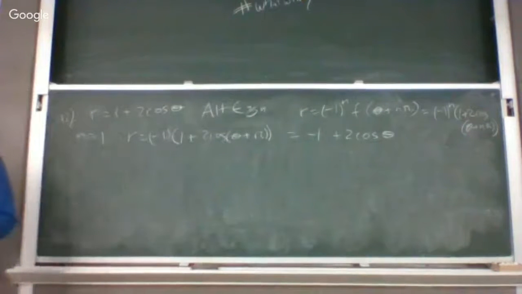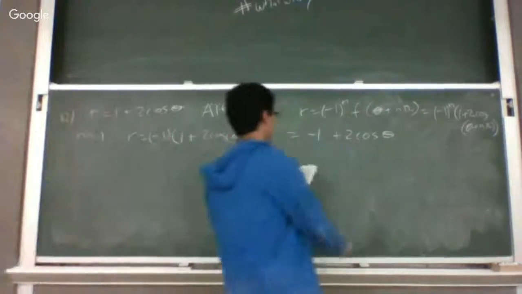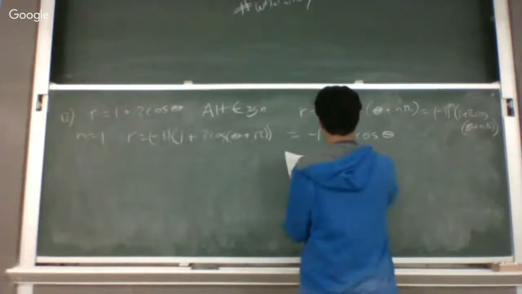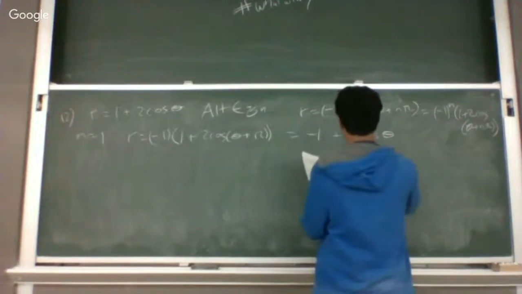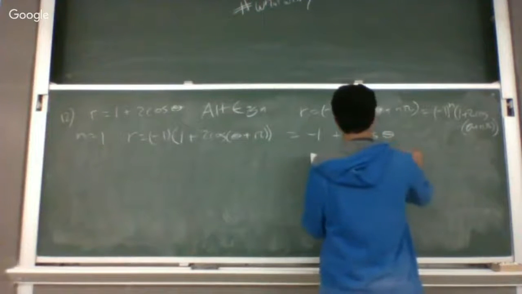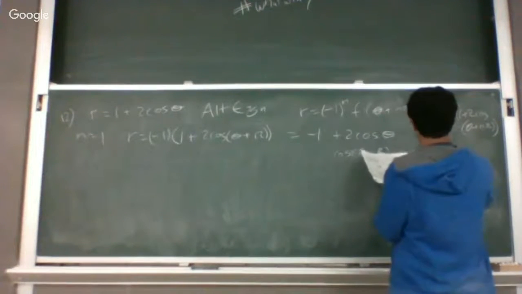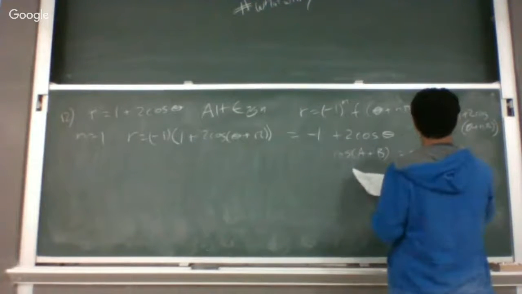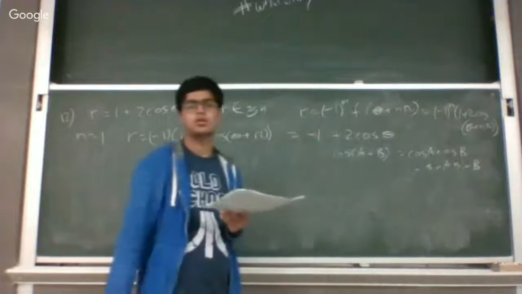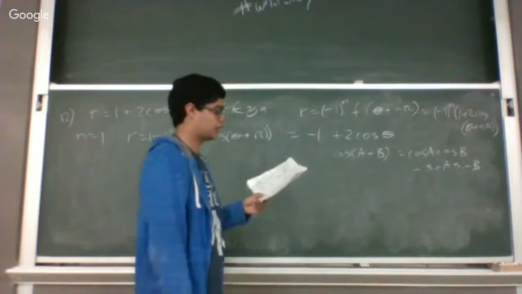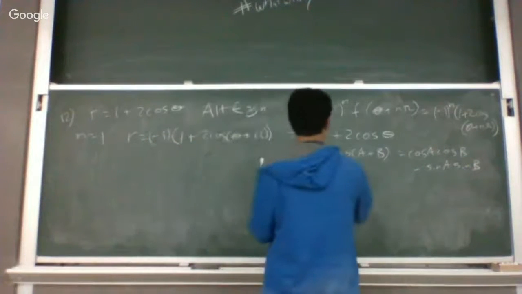Could you write the trig identities for cosine and sine? Let me write those. The cosine of a plus b is equal to cosine of a cosine of b minus sine of a sine of b. Correct me if I'm wrong, but I think that's for cosine.